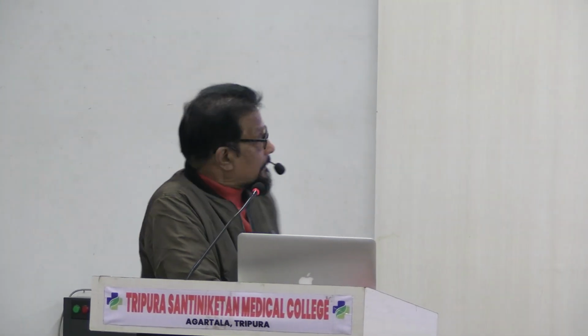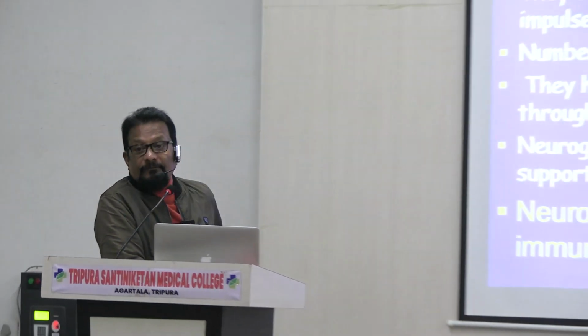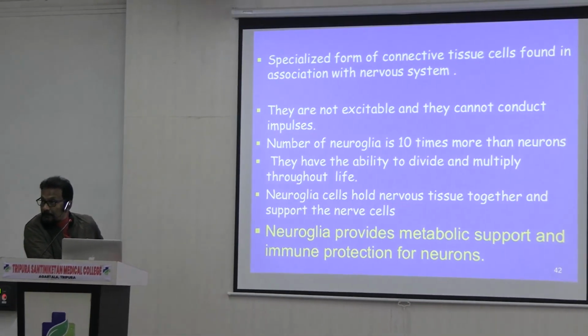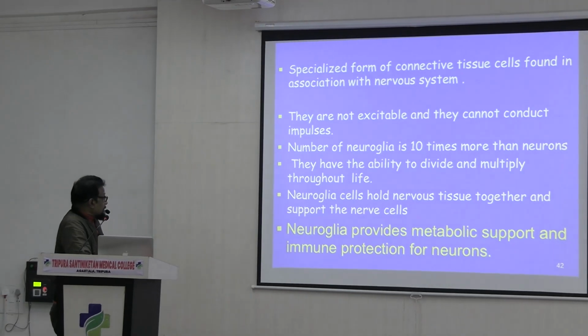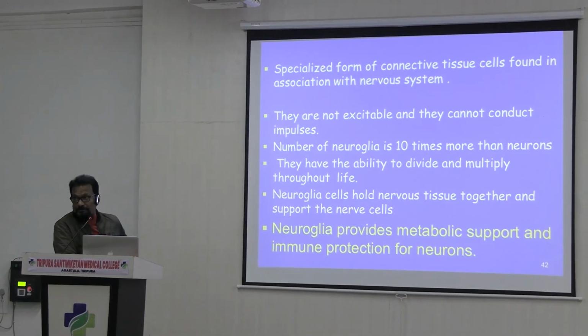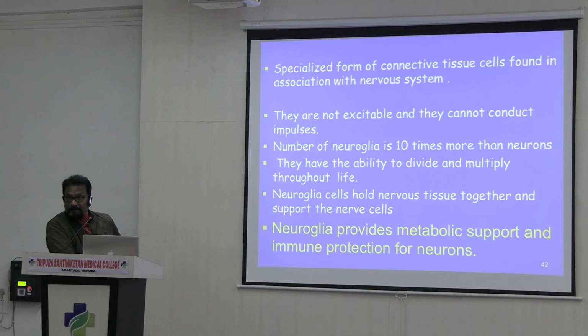But these cells can divide, they can increase their number. Neuroglia cells function to support the neurons, support the nervous system. Neuroglia provides metabolic support and immune protection to neurons. So these are, in short, the functions and what they are.